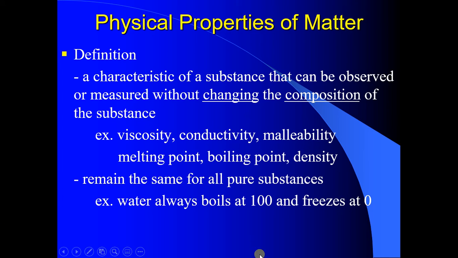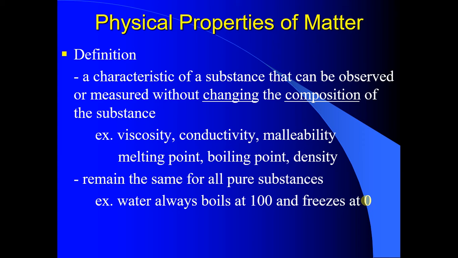So as an example, water boils at 100 degrees and freezes at 0 degrees. That's a physical property. I can determine that without subjecting the water to anything that would change it into a different substance. All right? Even if it is boiling, turning into water vapor, or freezing into solid ice, even though it might look different, it is still the same substance.